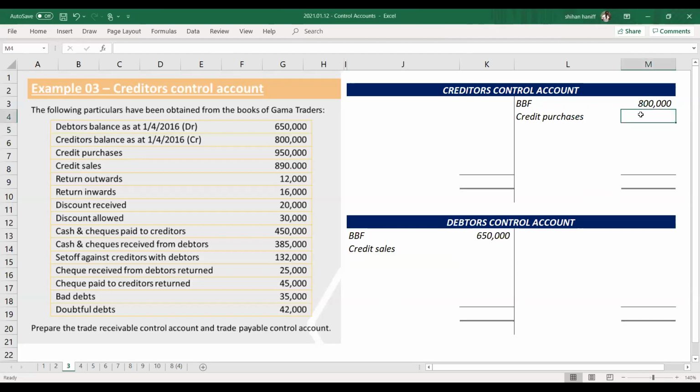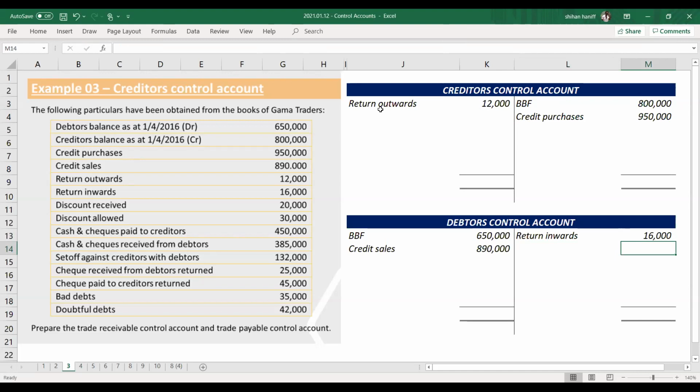Credit purchases 950,000. Credit sales 890,000. Return outwards, what we purchase is return, 12,000. Return inwards, return from customers, sales return 16,000.